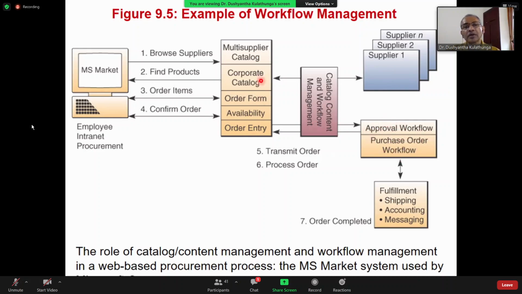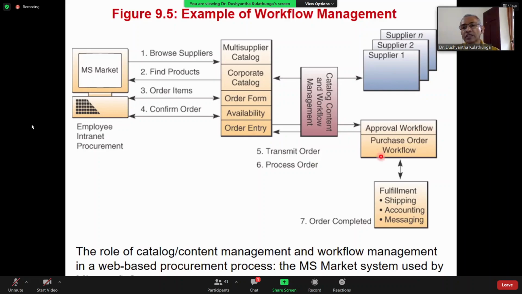These activities are performed by the employees within the Microsoft organization here. So this is the ordering company, the buyer, and employees in the buying organization perform these activities. Basically, 1 to 5 are related to employees of the buying organization. Processing order can be done within the supplying organization.